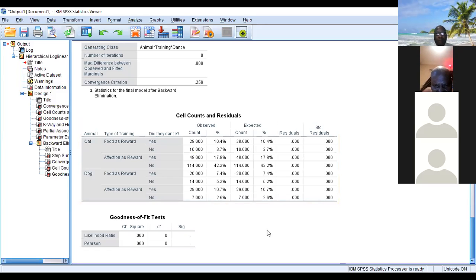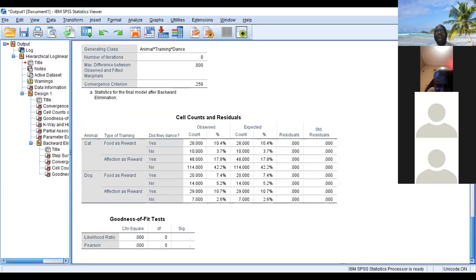Now, look at it. It's trying to show you the observed and expected. But you see that the observed and the expected are all the same. Can you see the observed and the expected? Yes, we can. So all of them are the same. It's showing you that it's a perfect fit. The observed and expected are the same.